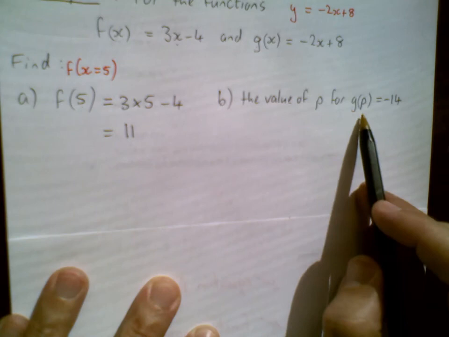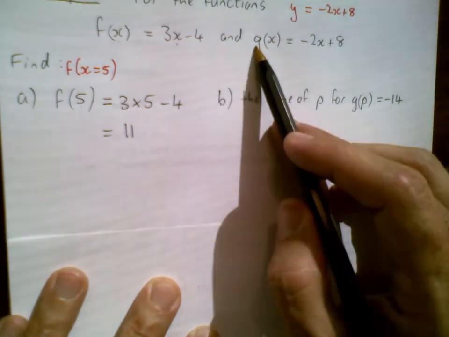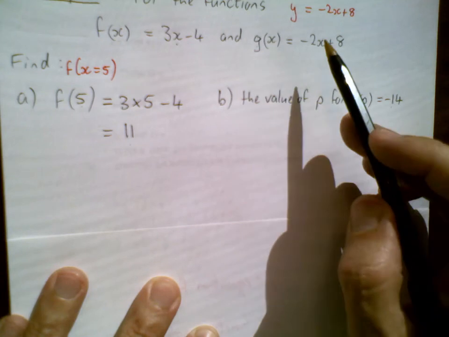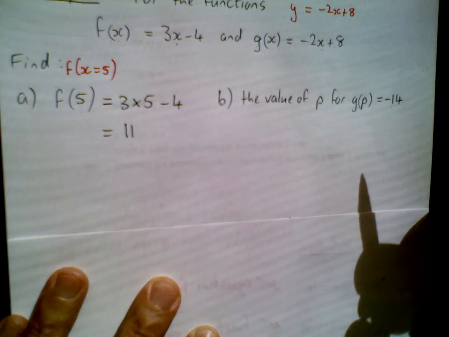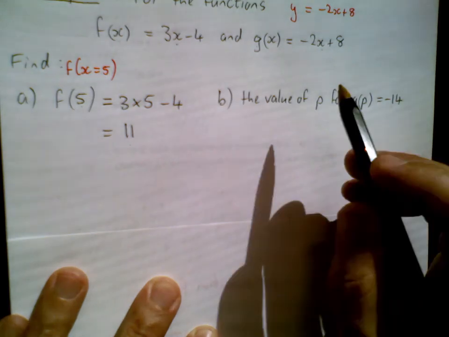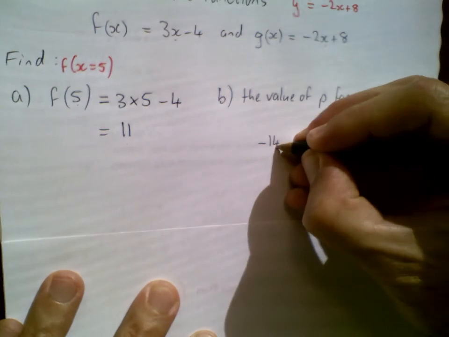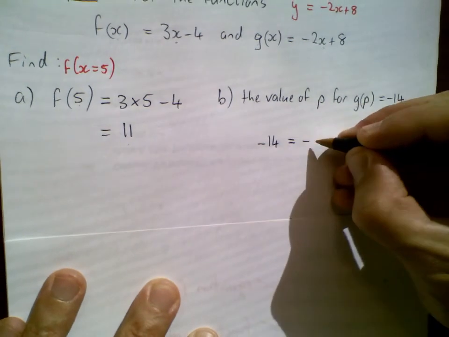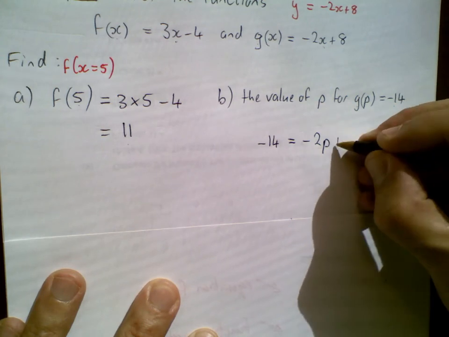Second example here: find the value of p for which g of p equals negative 14. We're saying that the function g is equal to negative 14 for some p value that we're trying to find. So we substitute the negative 14 where the g of x is, and we write negative 14 is equal to negative 2, and instead of writing x, I'm just going to write p, just a different pronumeral.